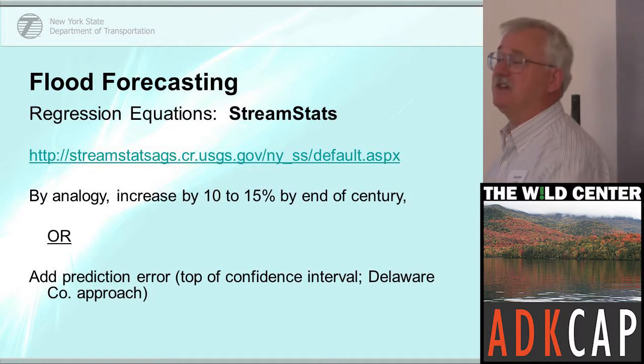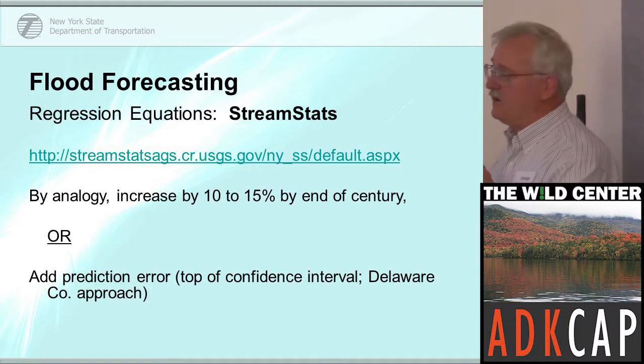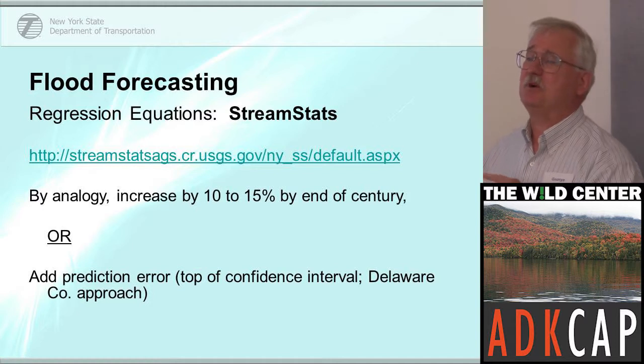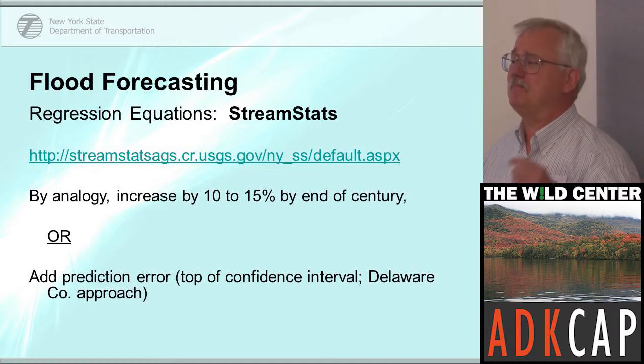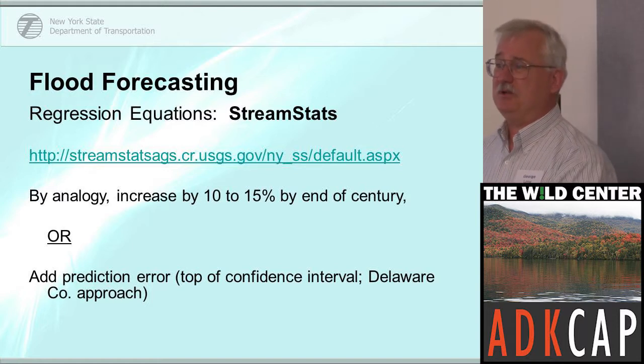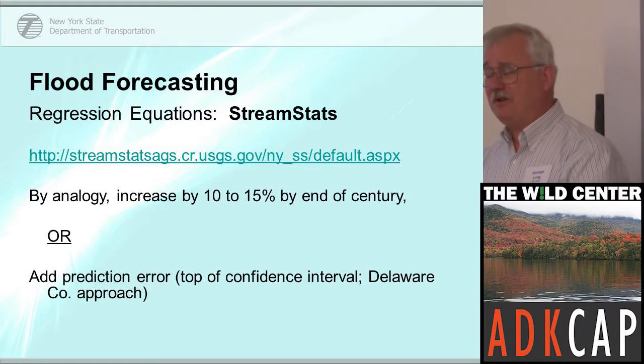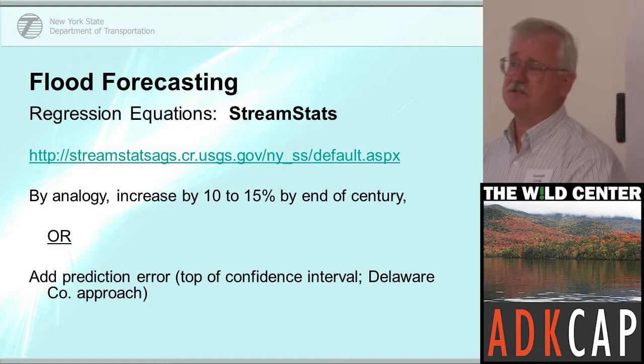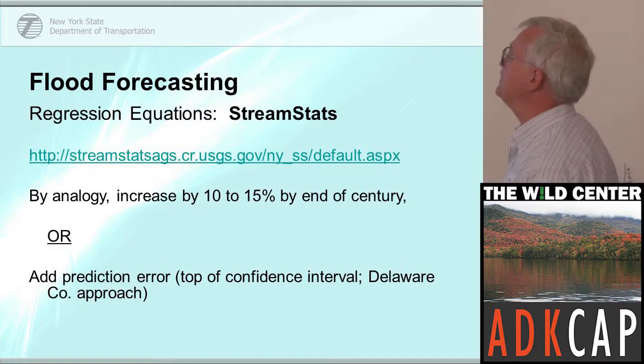And that's what they're designing for. When Wayne gives his presentations, he likes to introduce himself as the commissioner of the DPW at Delaware County, where they've had 3 500-year floods in the last 10 years. He's got a lot of experience with this.